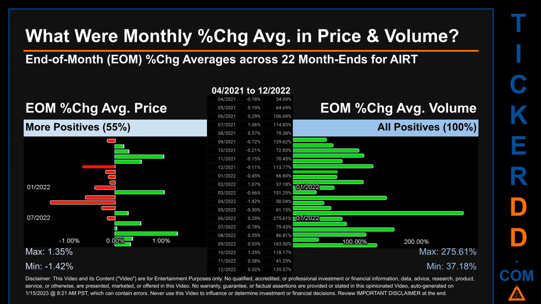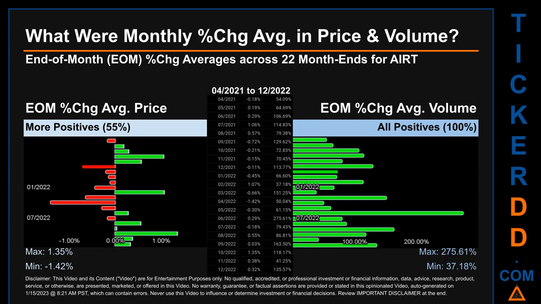From 04/2021 to 12/2022, 12 out of 22 month ends had a positive percentage change in average price. That is 55% of month ends saw a positive percentage change in average price. In terms of volume, 22 out of 22 month ends had a positive percentage change. That is 100% of month ends saw a positive percentage change in average volume.